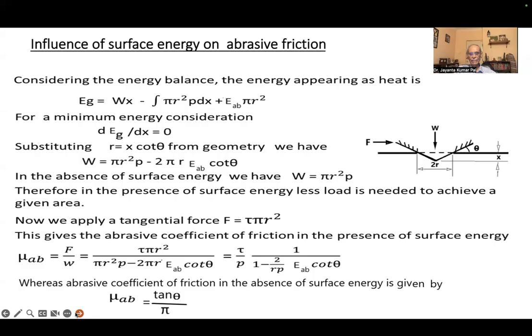Earlier we have written PM, but here we are writing P for generality. So W is equal to pi r squared P when there is no surface energy. But if surface energy is there, then you will need less force for indentation. And that is clear if you look at the previous equation. W is equal to pi r squared P minus 2 pi r EAB cot theta.